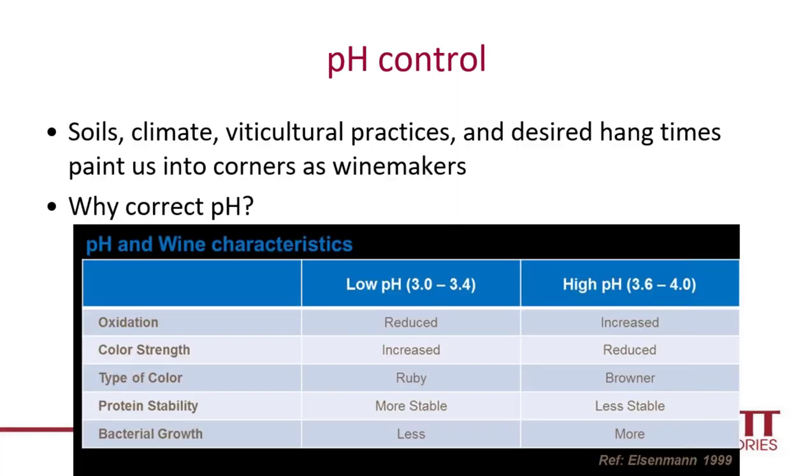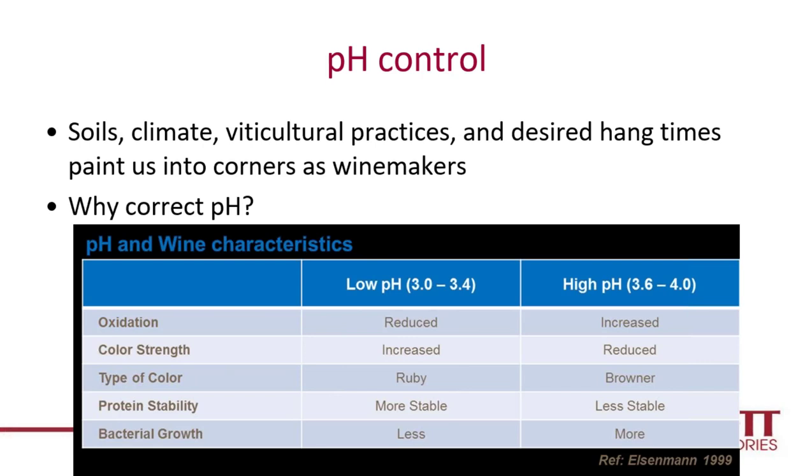So, pH control. There are some people that believe that climate change has caused changes in chemistry and elevated alcohol levels. I think that is a component, as well as people looking for hang time and farming for sugar.